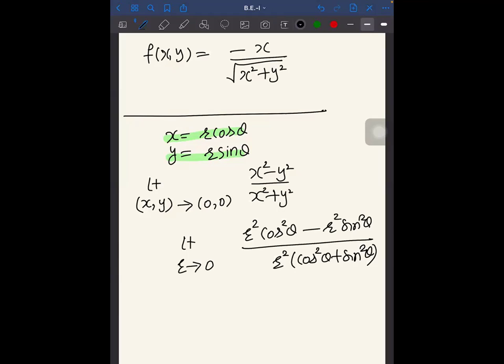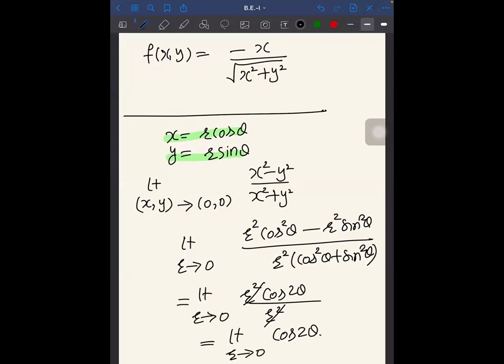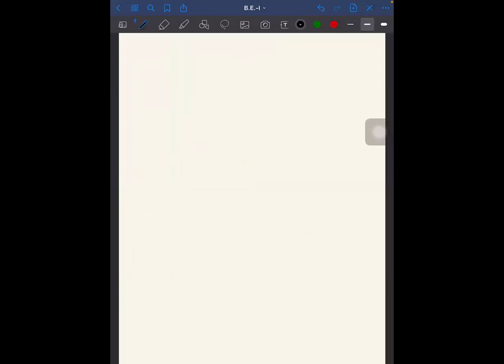So this becomes your limit as r goes to 0 of r^2 cos 2 theta upon r^2, so the limit as r goes to 0 of cos 2 theta. Now, can you tell me what its value will be? Can anybody tell? 1. r is not there in it. Exactly, r is not in it at all.